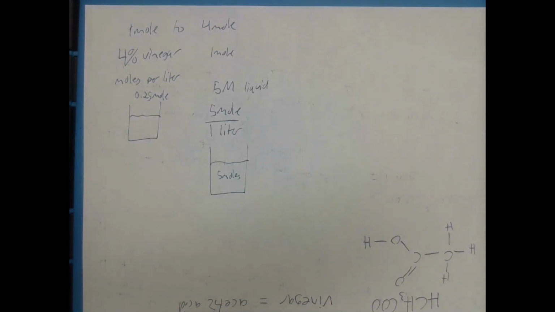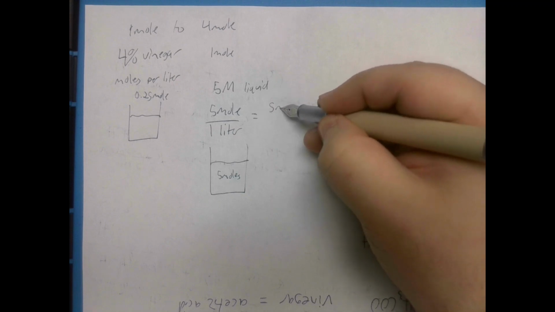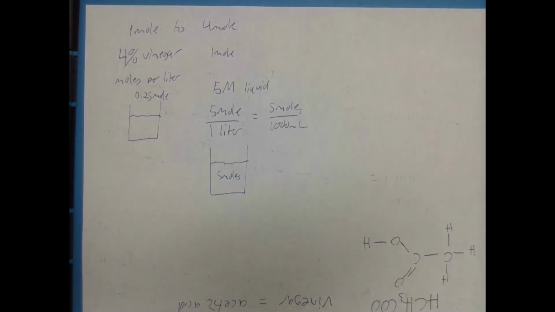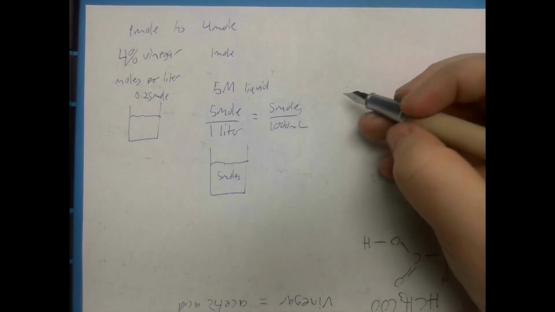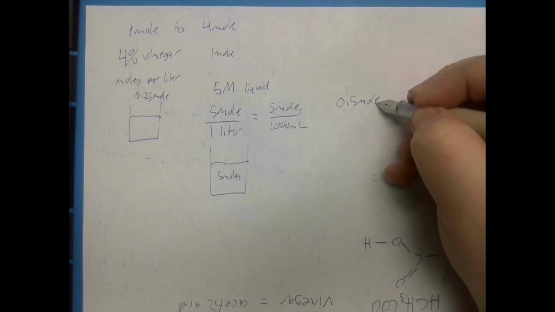But doing a whole reaction with 1 liter, we're more likely to have to turn this into milliliters, which is equivalent to 5 moles per 1,000 milliliters. And then shrink this down, so if we only need 100 milliliters, that'd be 0.5 moles, a half a mole per 100 milliliters.